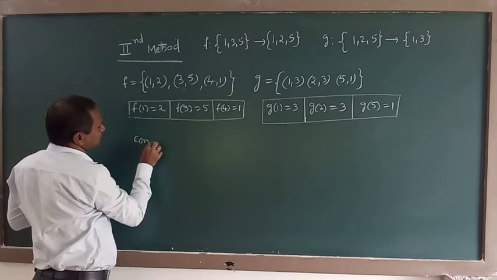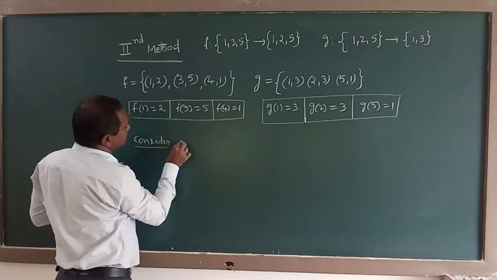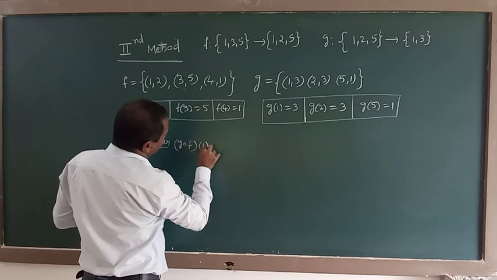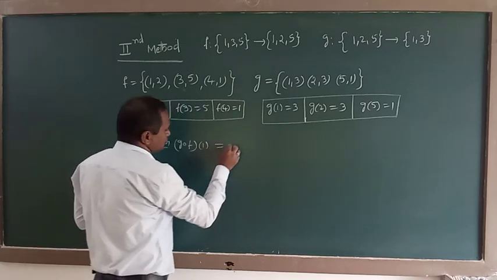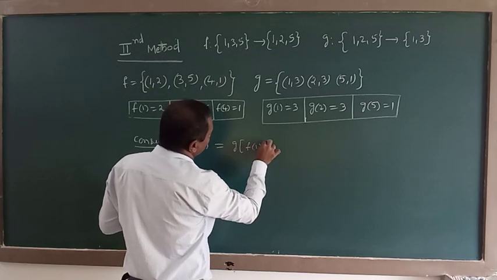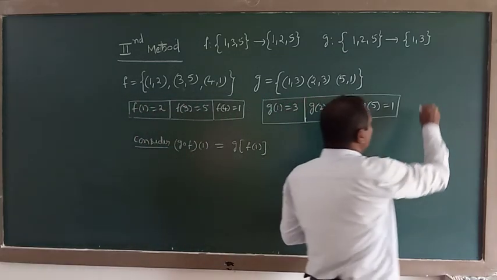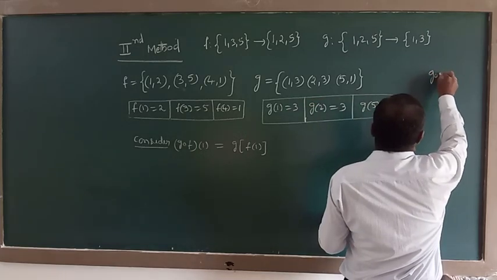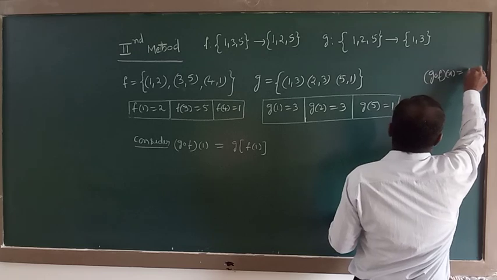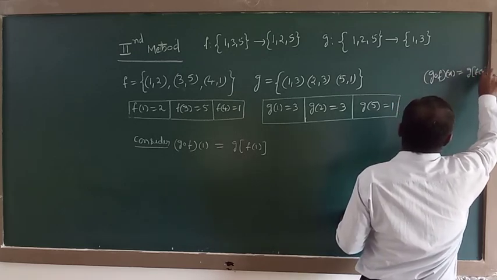Consider g circle f of 1, which is equal to g of f of 1. Because the formula I told you: g circle f of x is equal to g of f of x.